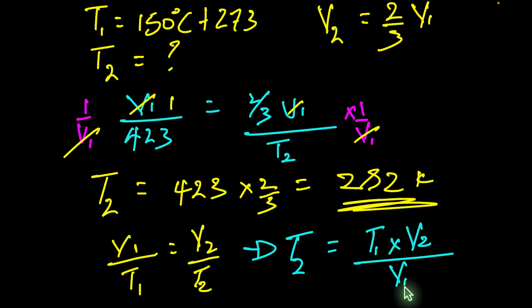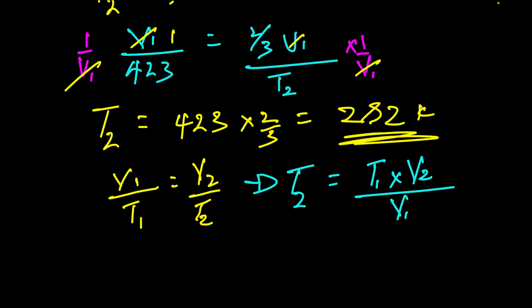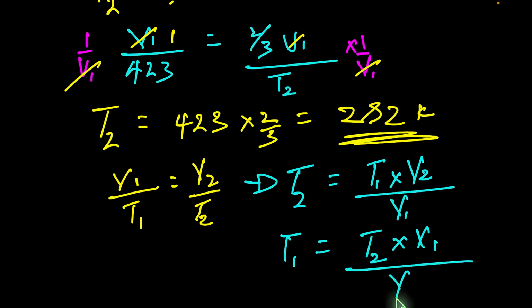That's a general formula that you can use, and it's just rearranging what we have here. Let's say it was T1 that we want to find, then it's similar. T1 would be T2 multiplied by V1, all divided by V2. So you can just use those and plug and play as you will.